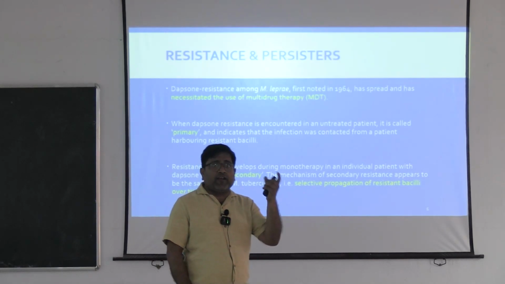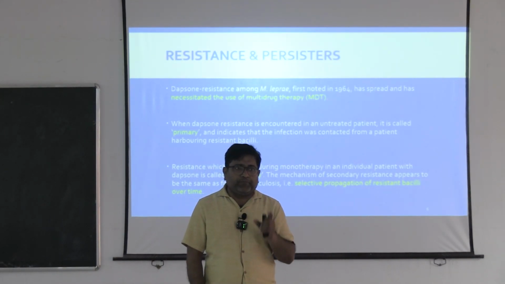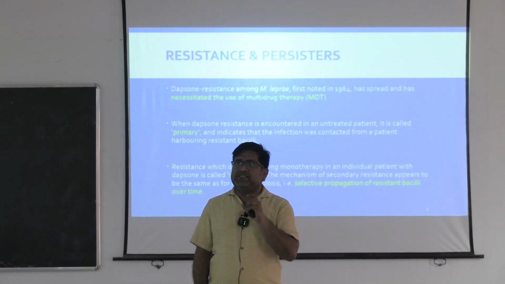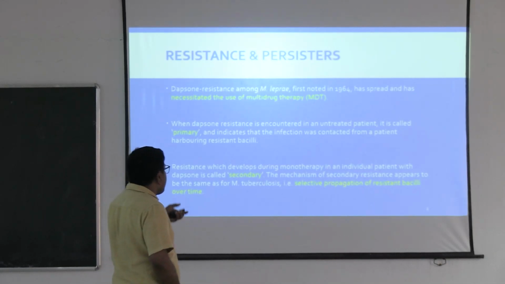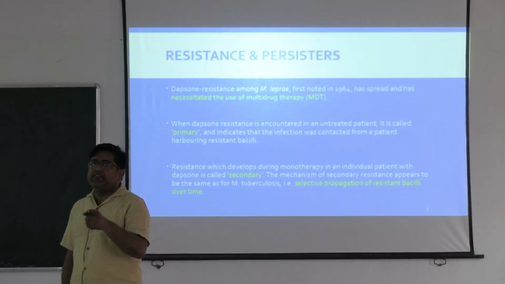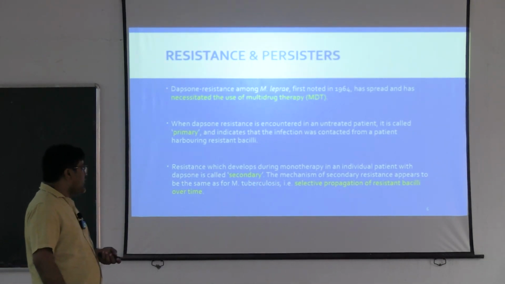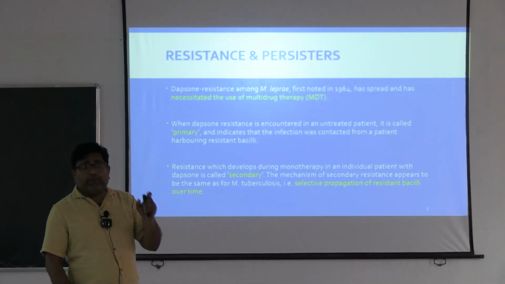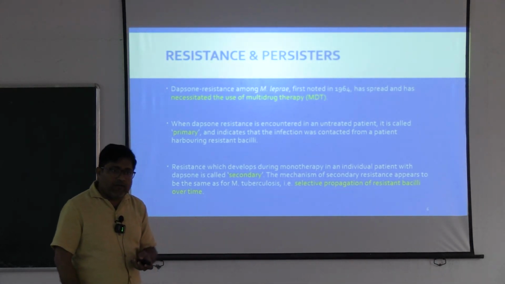The patient has contracted the disease from a person that is harboring the resistant bacilli. Number two is secondary resistance. The patient has been put on Dapsone monotherapy, and afterwards the patient develops resistance. That is secondary resistance, and it occurs because of selective propagation of resistant bacilli, like that in case of Mycobacterium tuberculosis.